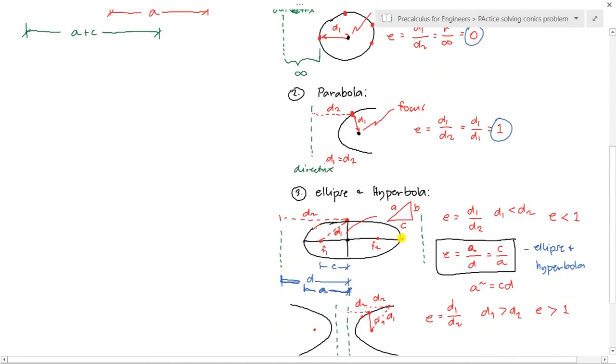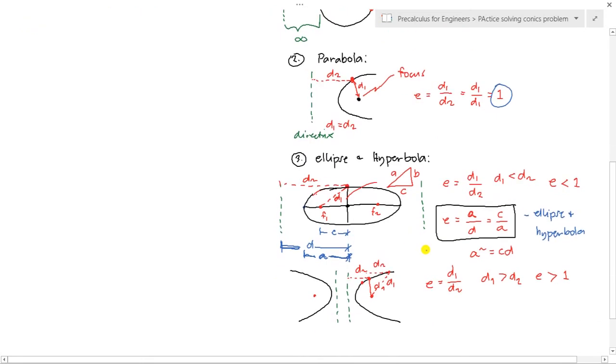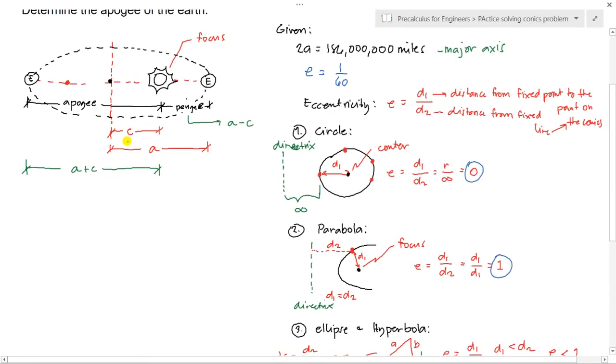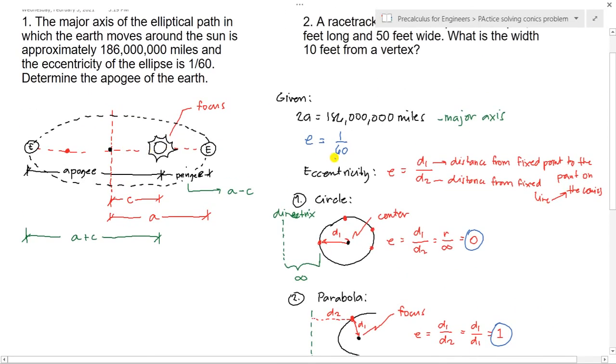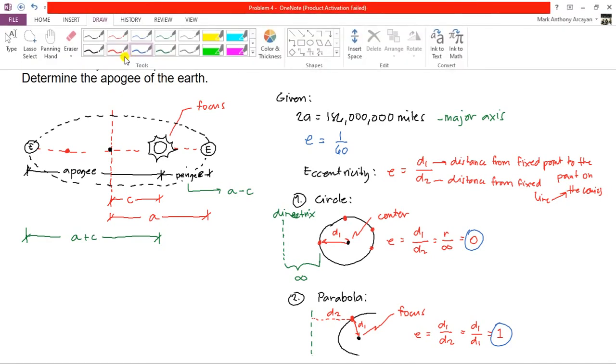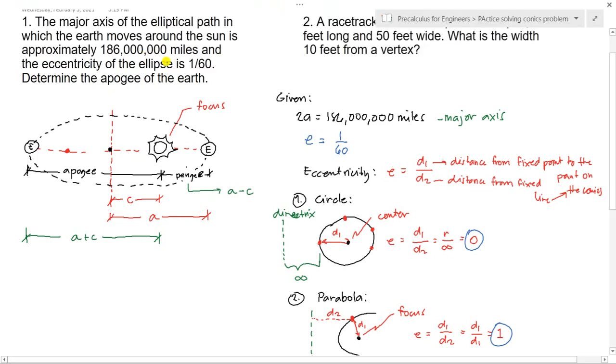So only for ellipse and hyperbola do we have a known formula, which is the ratio of the half length of the major axis all over the distance of the directrix from the center, or equal to the distance from the center towards the focal point all over the half length of the major axis, that is A. So we will use this to answer this problem because we are given eccentricity 1 over 60. So if we have this, we can equate this given to C all over A.